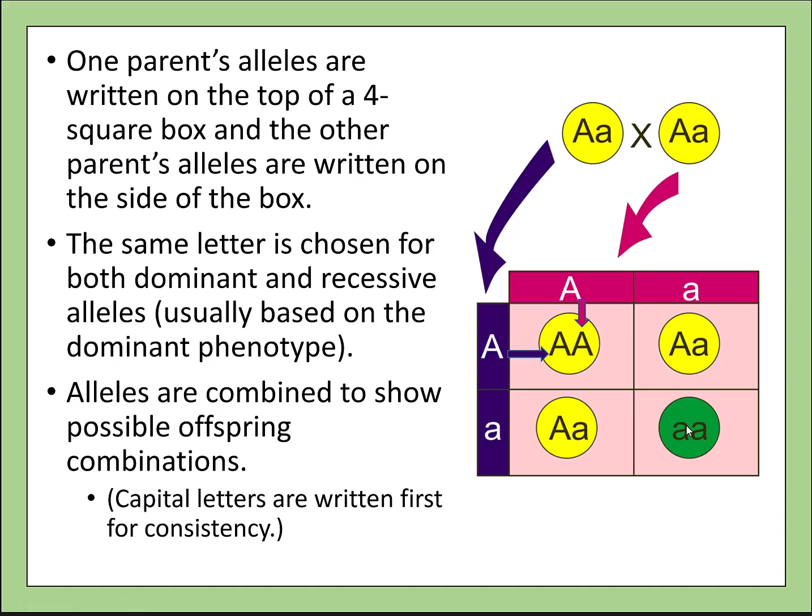Capital letters are written first for consistency, so that we don't have a little a and a big A over here that looks different than the capital A and the little a over here. This is the same genotype, same phenotype. Both are heterozygous and are going to show the dominant trait.